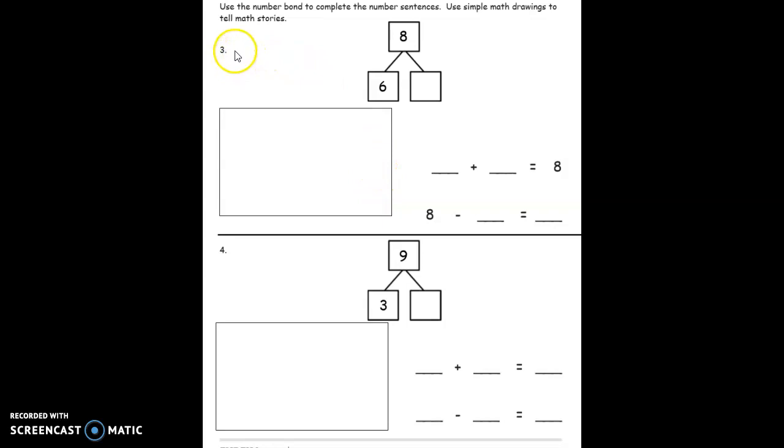Go ahead and look at the other paper. Go to question 3. Use the number bond to complete number sentences. Use simple math drawings to tell math stories. We have 8 of something. Let's say we have 8 pencils. Draw 8 circles to represent those 8 pencils.